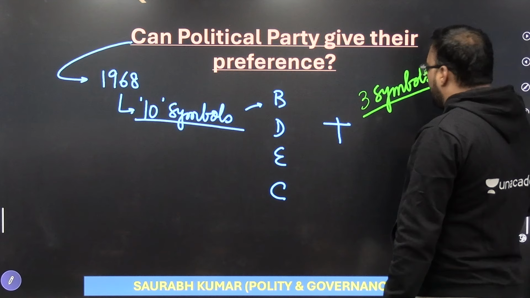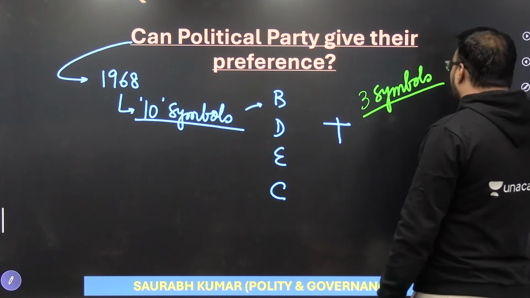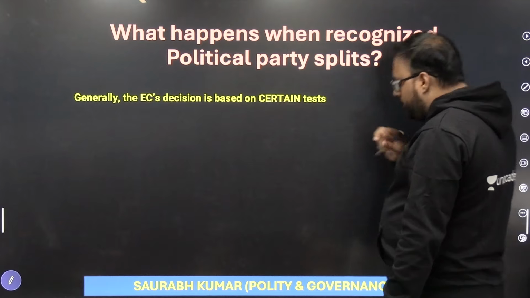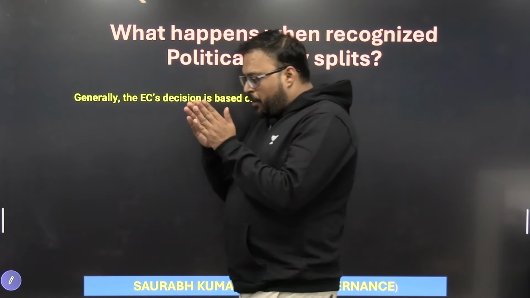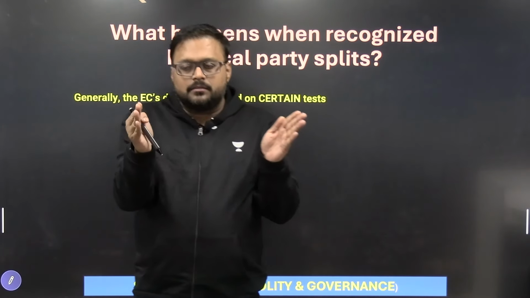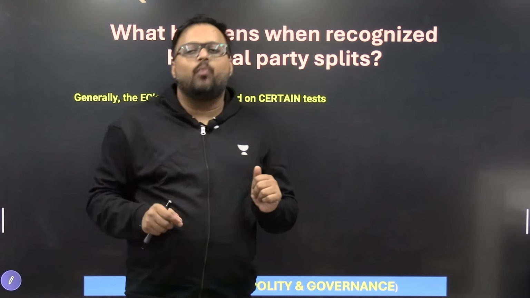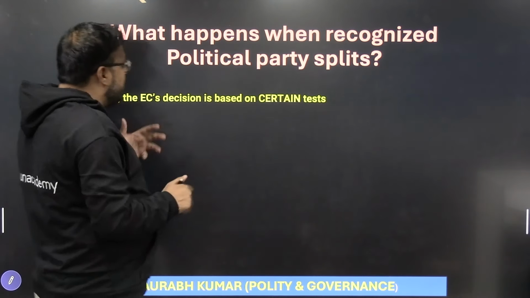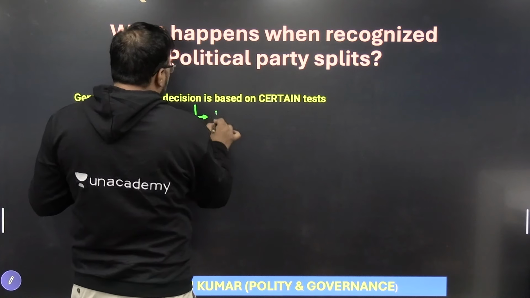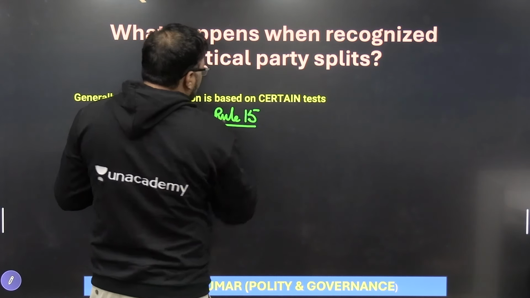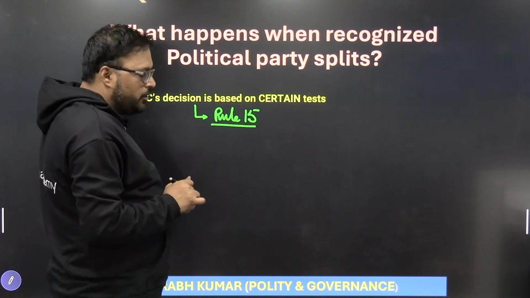Now we will see the last thing: in the case of splinter groups, that is, whenever the political party factions divide, for example Shivsena, what happens in that case? That particular concept is regulated as per rule number 15 of the Election Symbols Order 1968.